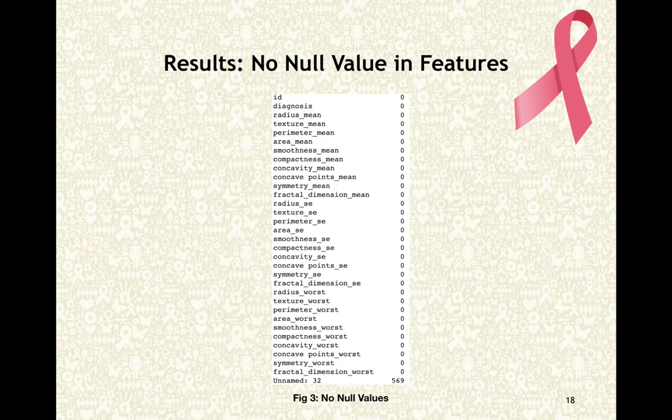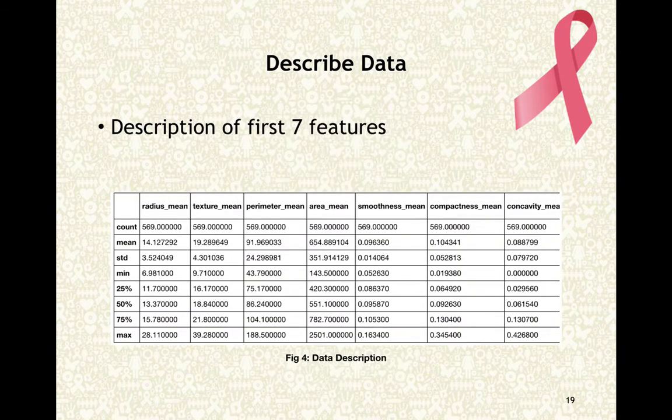Next, because multiple cells were identified per image, the data was aggregated using the mean measurement, the standard error of the measurement, and the worst or largest measurement found among the nuclei in each image. Therefore, we have 30 features for our data.